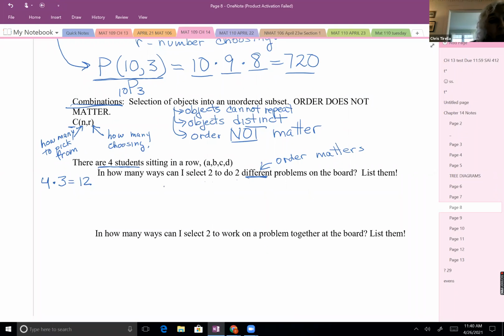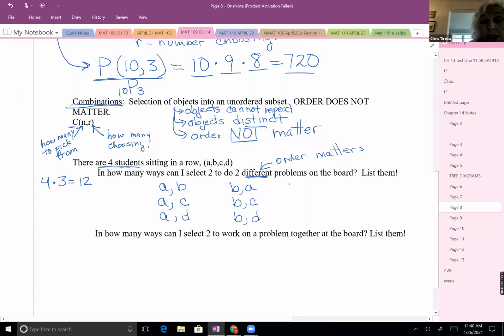To make that ordered list, A could do the first, B the second, A could do the first, C the second, A could do the first, D the second. Or B could do the first, A the second, B could do the first, C the second, B could do the first, D the second.